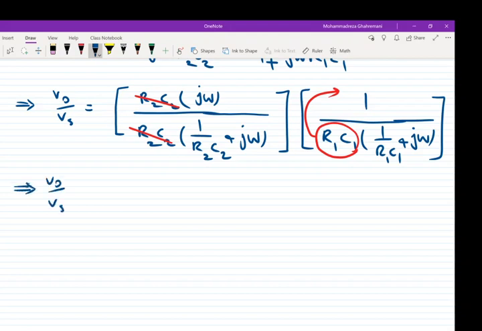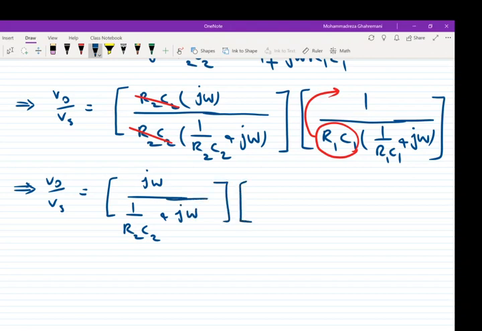Vo over Vs is equal to j omega over 1 over R2C2 plus j omega, times 1 over R1C1 over 1 over R1C1 plus j omega.